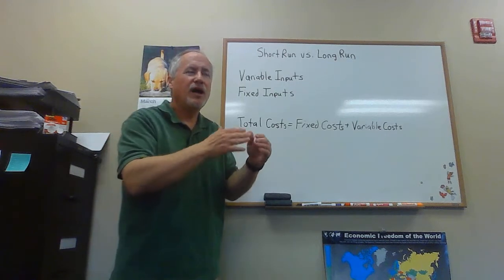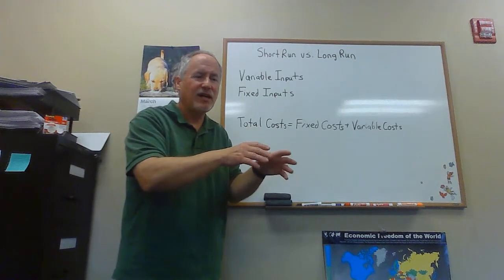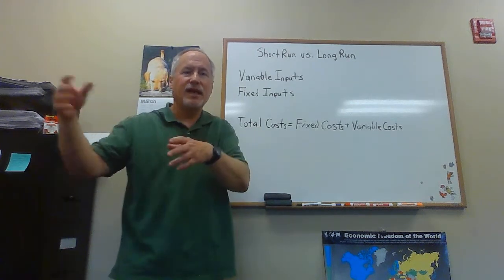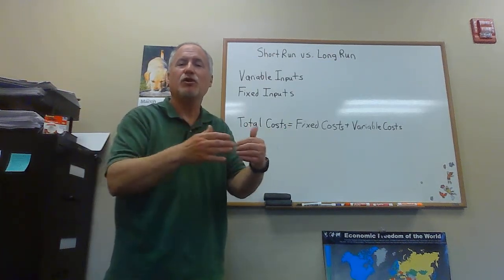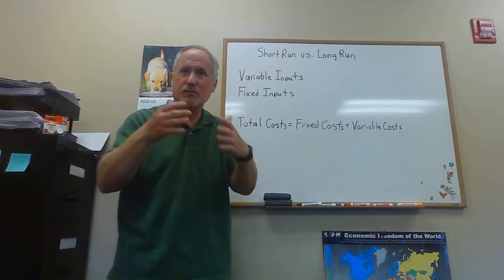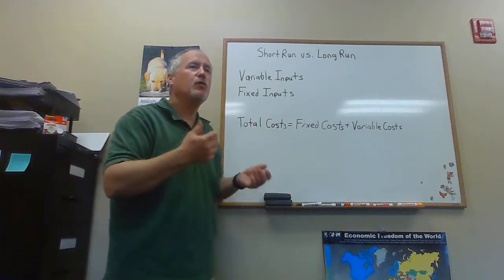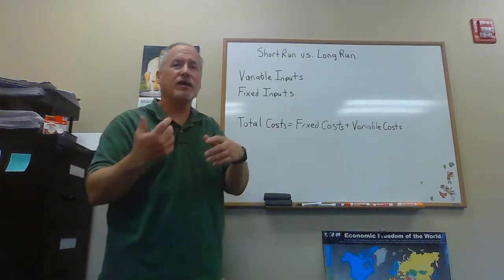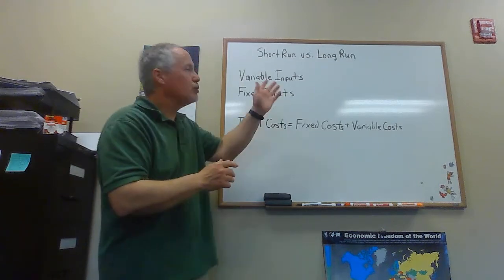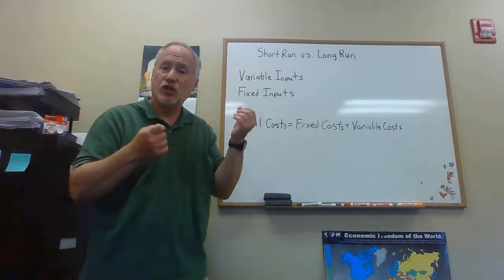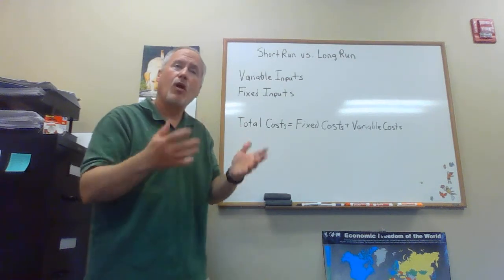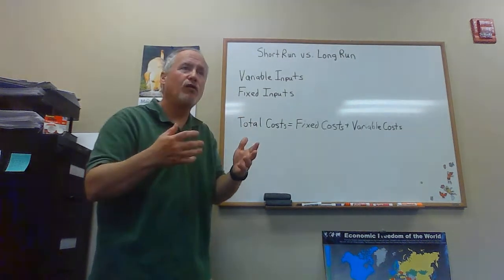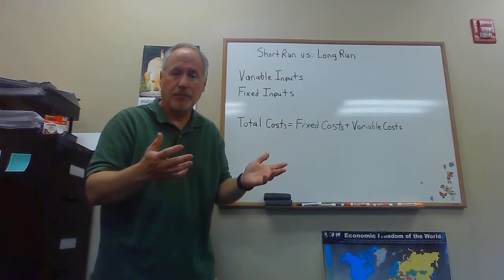But if it takes you a couple of weeks to hire labor and it's going to take you 6 months to adjust capital, it's that 5.5 months or so in between. So it's a period of months, maybe even a couple of years, in which you can adjust labor, but you can't adjust capital. So the short run is a period of time in which some factors of production are fixed. The long run is a period of time in which all factors of production are variable.